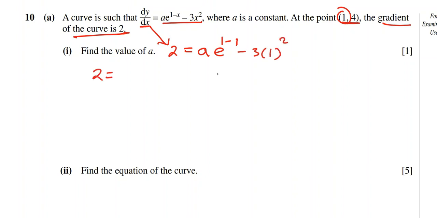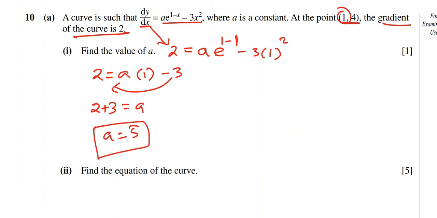So 2 equals a e to the power 0. E to the power 0 is 1, anything to the power 0 is 1, minus 3. So let's bring this 3 here. It becomes 2 plus 3, 5 equals a. That's the answer.